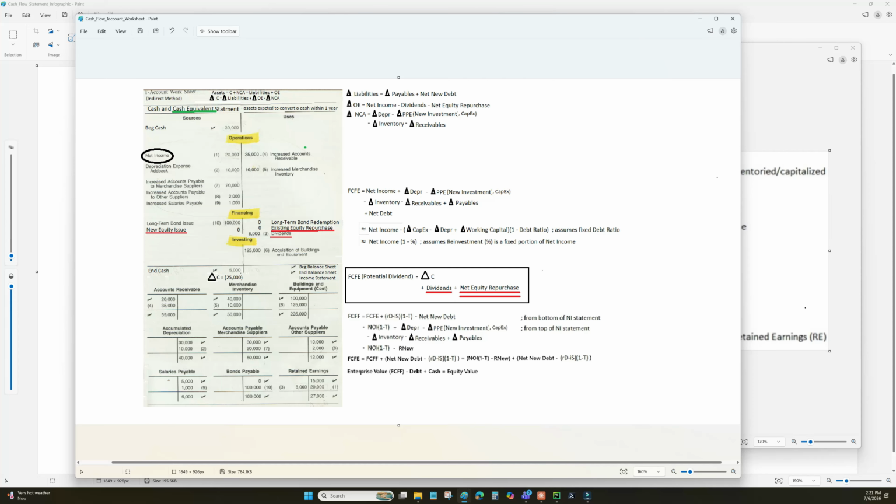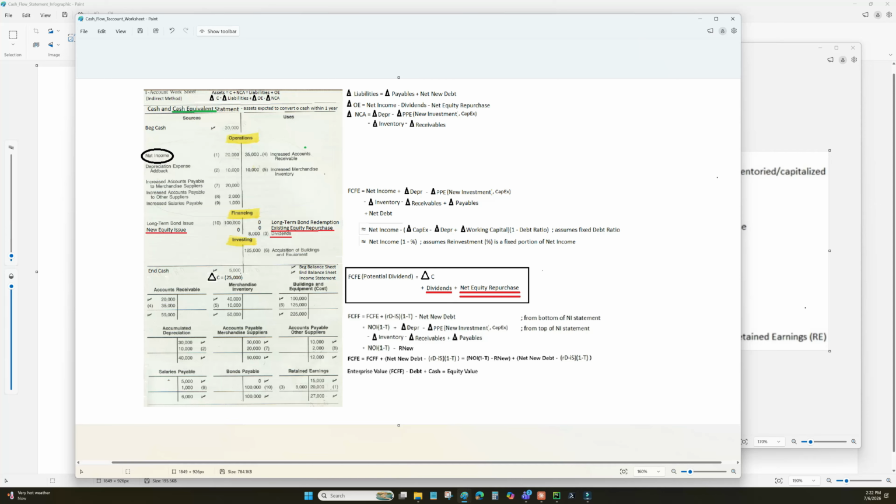Then you have accounts receivable, money that's due to you, so you're having to float those customers, and it's a current use of cash. And inventory, obviously, is a use if you've increased your inventory.